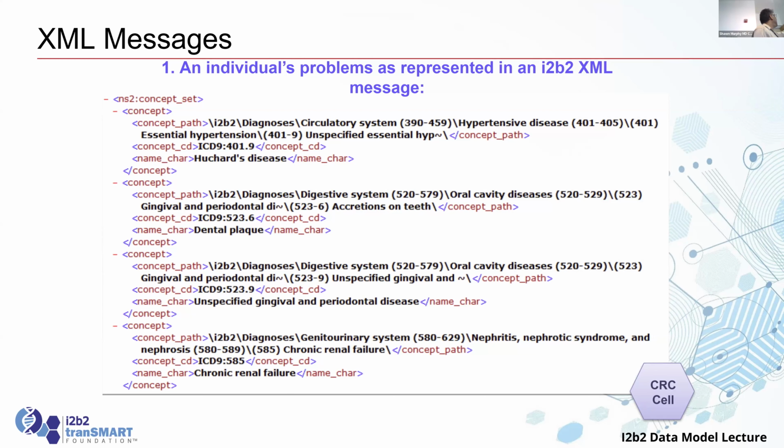This is multiple concepts, and you have the concept path, the concept code, and the name of it. This would be what is in the message body of an ontology. Only it understands what it means, but it can pass it to someone else, and that cell could then learn what it means and deal with it.